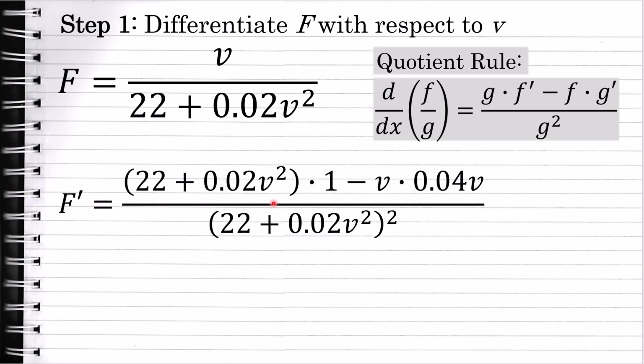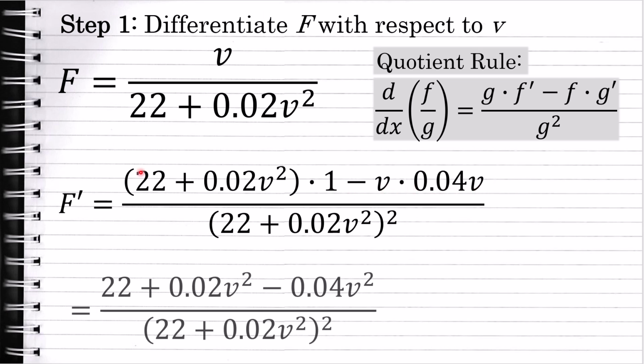We can multiply the quantity by 1. We can multiply V and 0.04 V together. Multiplying the quantity by 1 doesn't change anything, so the first two terms are the same. The product of V and 0.04 V is 0.04 V squared. This was a negative times a positive, we could think of it as, so this term is negative.